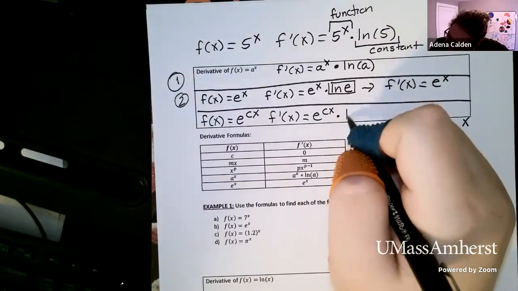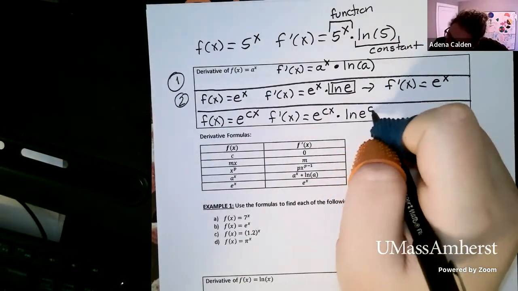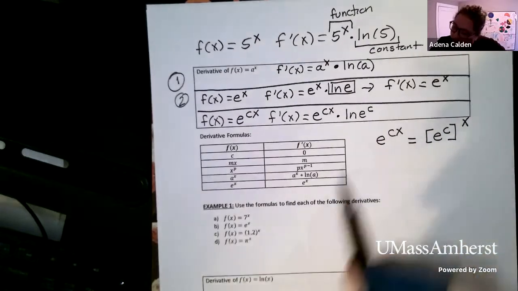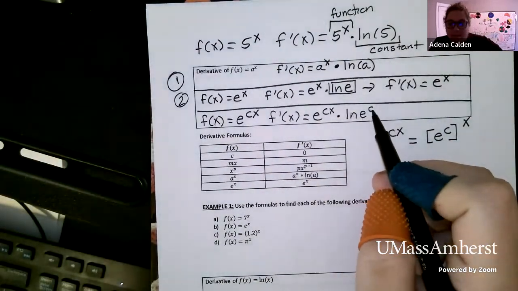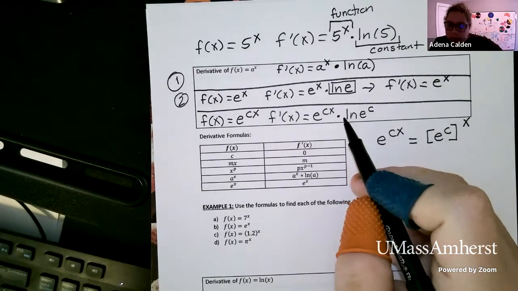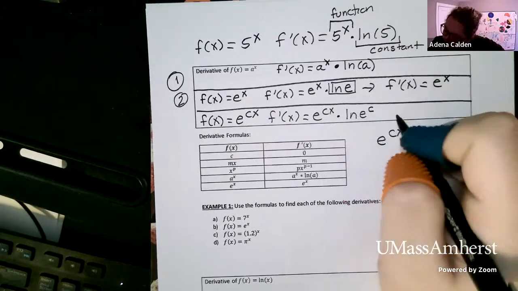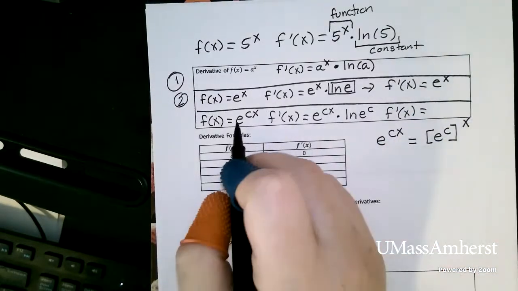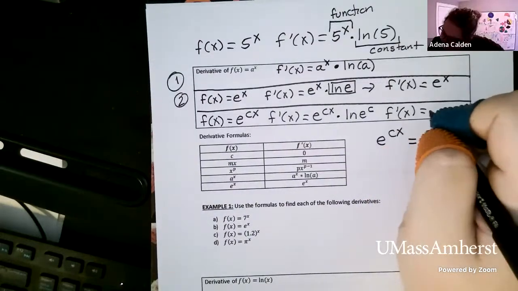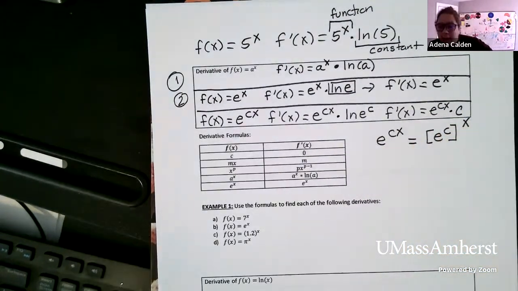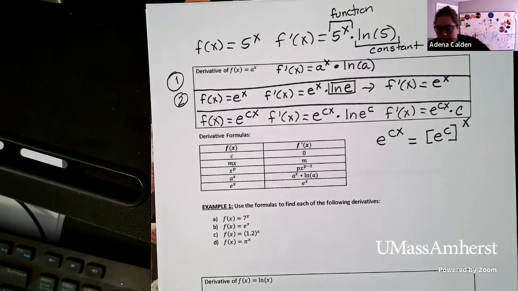So times the natural log of e to the c. Similar to the last case, the natural log of e to the c is just c, because the c comes in front and the natural log of e is 1. So the derivative of e to the cx is e to the cx times c.